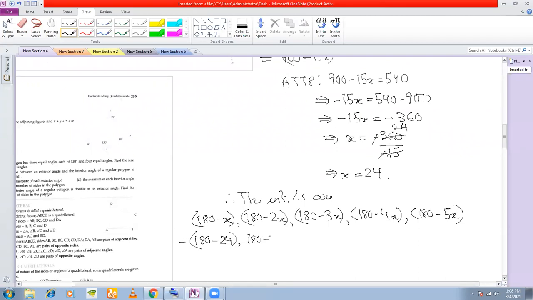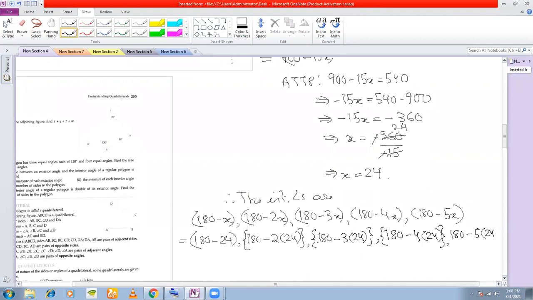Next 180 minus 2 into 24. 180 minus 3 into 24. Next 180 minus 4 into 24. And finally 180 minus 5 into 24.